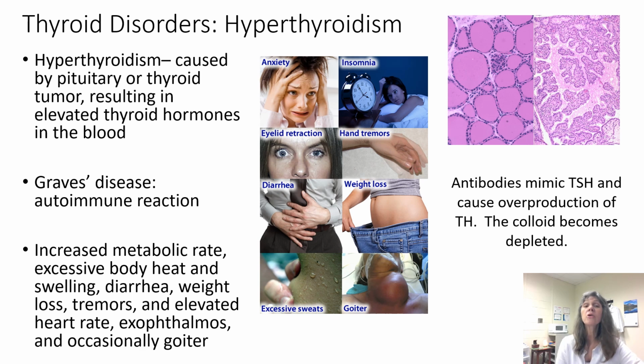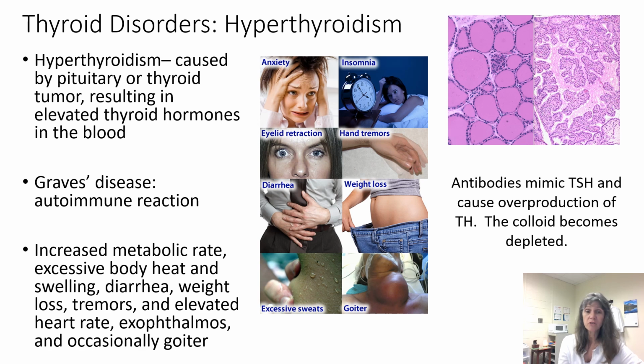In people with hyperthyroidism, that is often caused by either a pituitary tumor or a thyroid tumor, the patient will present with elevated thyroid hormone levels in their bloodstream, and this is often called Graves' disease, where it's an autoimmune problem where antibodies actually mimic thyroid stimulating hormone, causing an overproduction of thyroid hormones, and that again causes an increase in metabolic rate, excessive body heat.